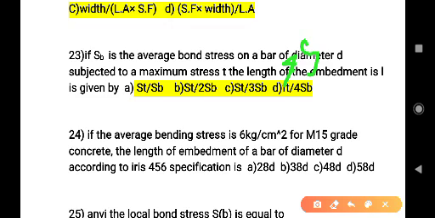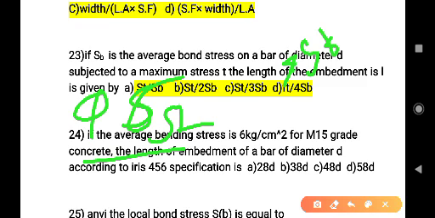This is not FT, this is ST. We know the equation for bond stress: phi sigma ST by 4 tau BD. So here the right answer is option D.